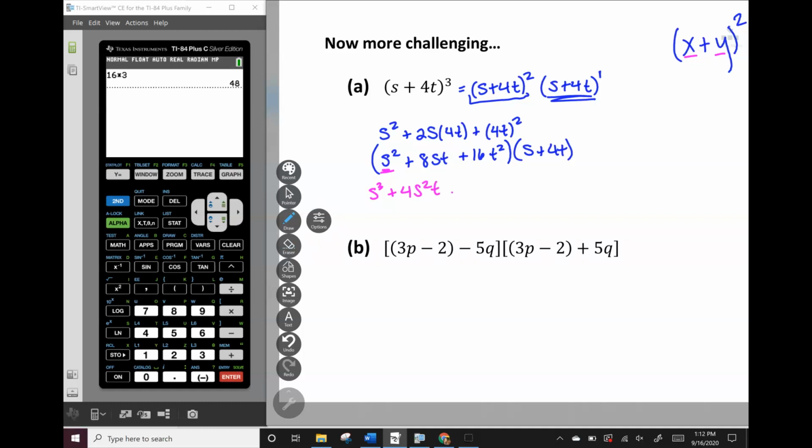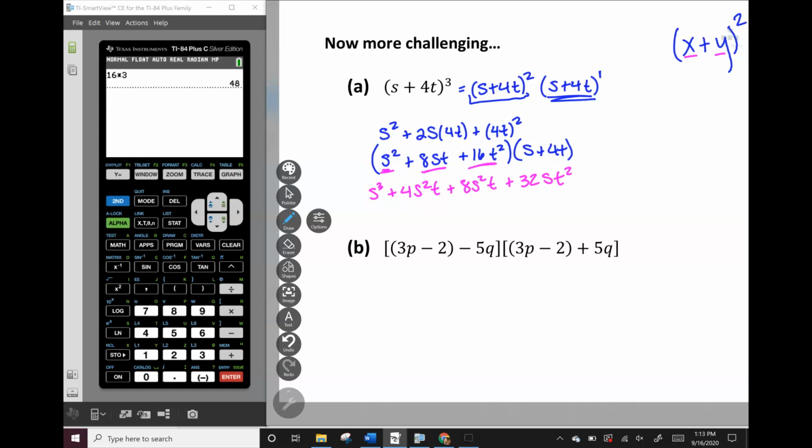Okay, now looking at our second term, I've got 8s squared t plus 32st squared.